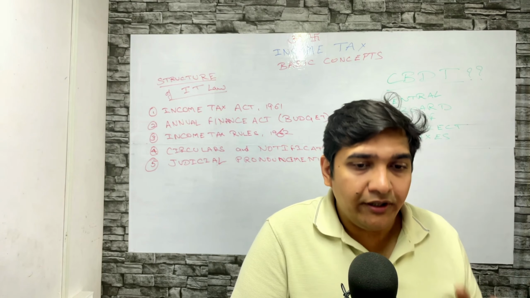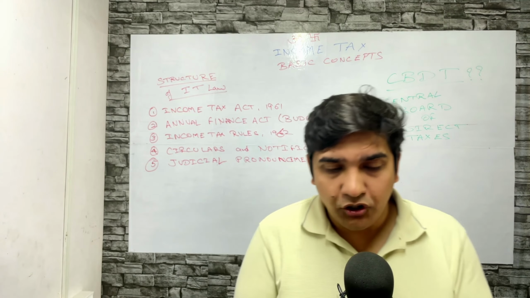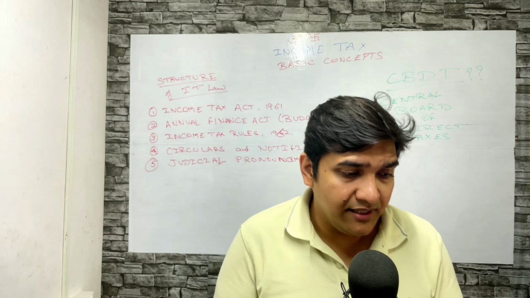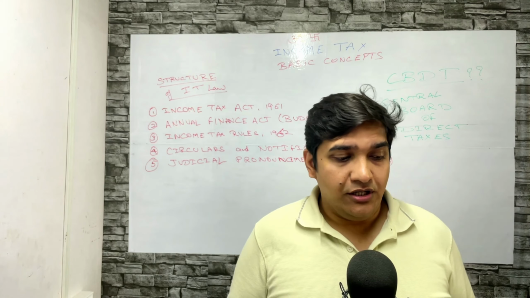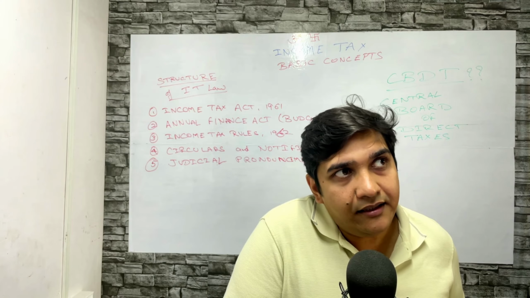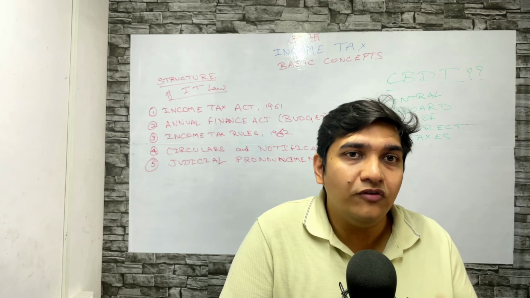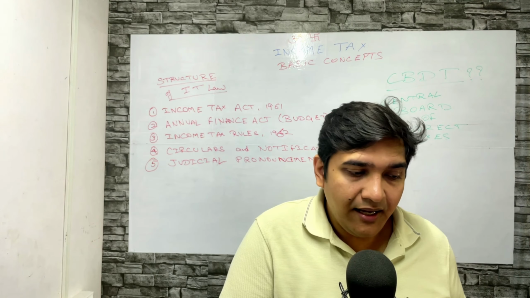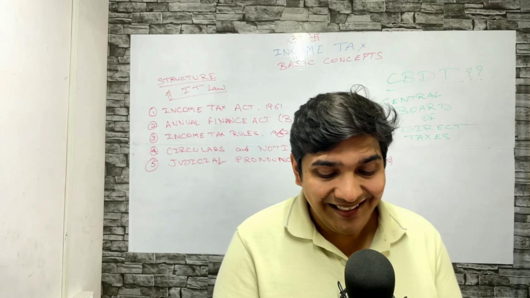They are the authority who have framed the rules for income tax. They will issue all the circulars and the notifications. They govern the collection of income tax. You can define CBDT as the controller of income tax, which works under the Ministry of Finance in India.